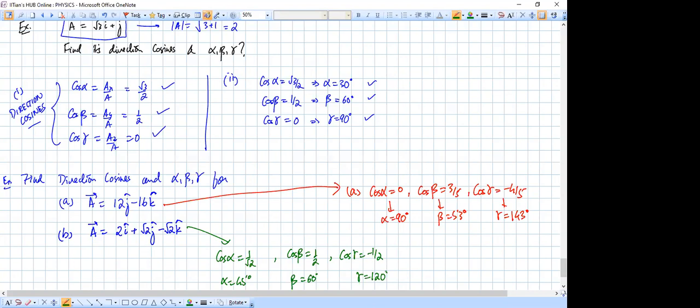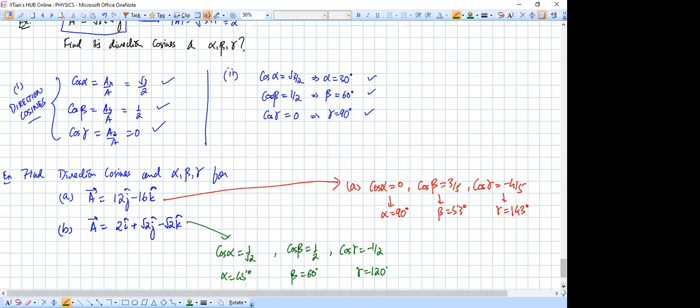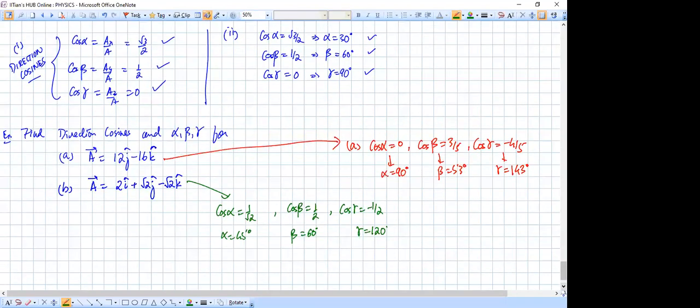Now, why is this formula like this? It's ridiculously simple, from the definition of dot product. Let's understand it like this: a vector A has three components.